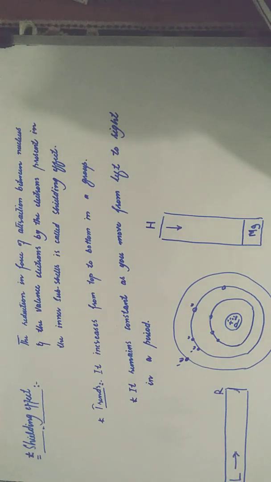And as you move from left to right in a period, the horizontal rows of the periodic table, the number of electrons in the shell remains constant, so the reduction in force by those electrons also remains constant.